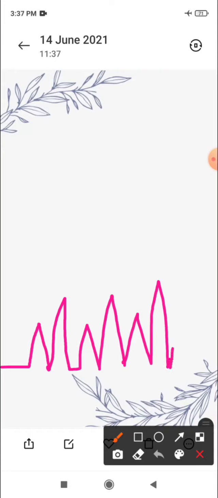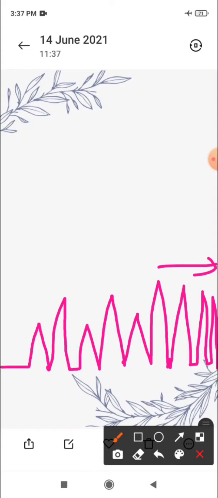So this is test, this is standard, again what we get, this test. So the heights of these four are matching each other.